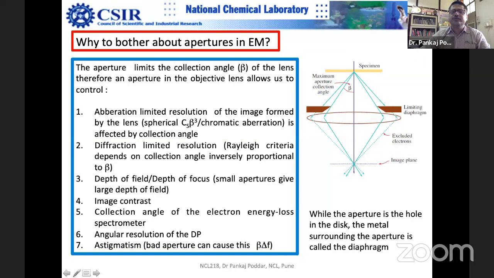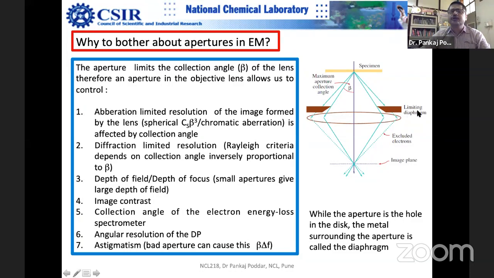So in day-to-day language, we use aperture for diaphragm as well as for aperture both. But please note that the metallic disc with a hole of various diameters is called the diaphragm, and the hole itself which allows the electrons to come from the specimen or from the electron source is called the aperture.